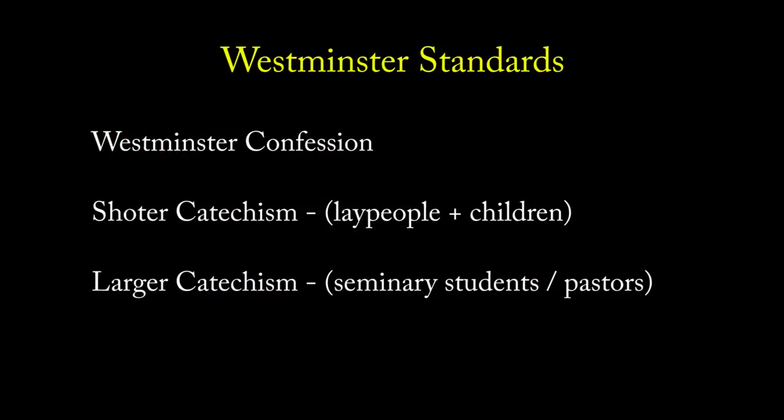And the Westminster Standards include the Westminster Confession of Faith, a confession that is still embraced by a number of denominations today, particularly the Presbyterian Church, as well as the larger and shorter catechisms, which are a series of questions and answers for those who need substantive analysis or exploration of the faith. The shorter catechism is for everyday people, it's for lay folks, and in particular, it's for children. The larger catechism is, you might say, for the seminarian or those training for pastoral ministry.